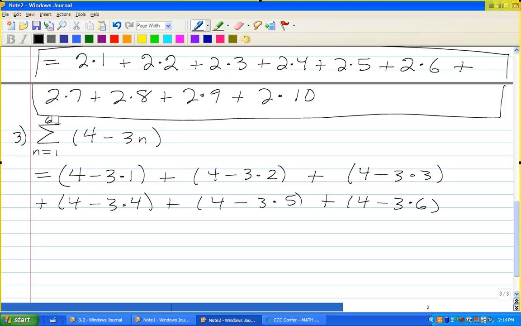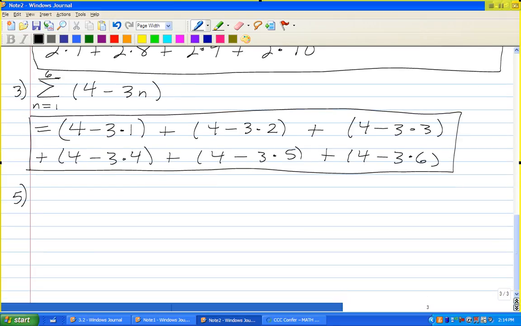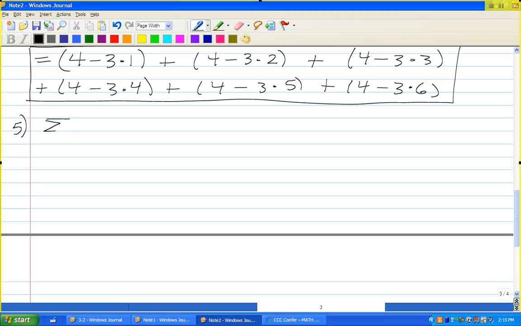Since the upper limit is 6, then I am done. Five. Sum n equaling 1 to 7 of n squared plus 1.